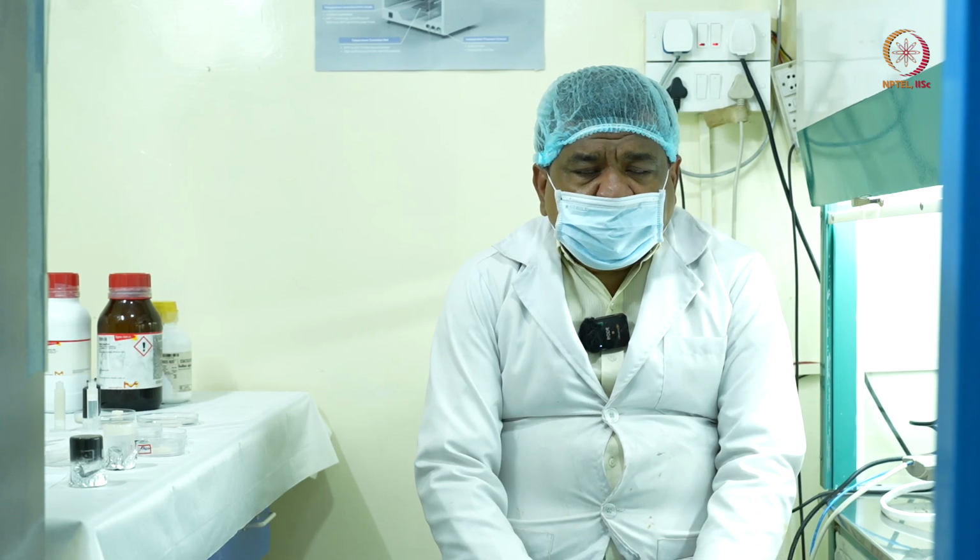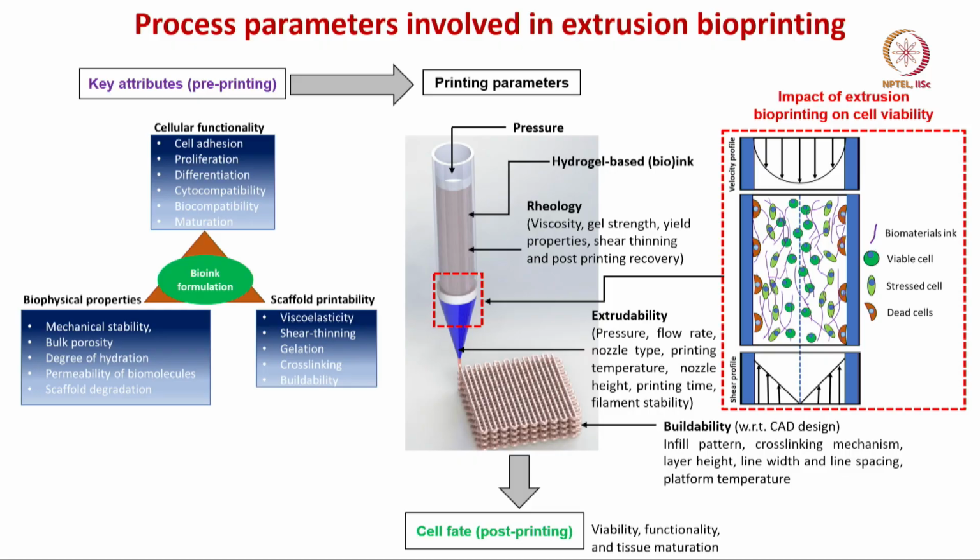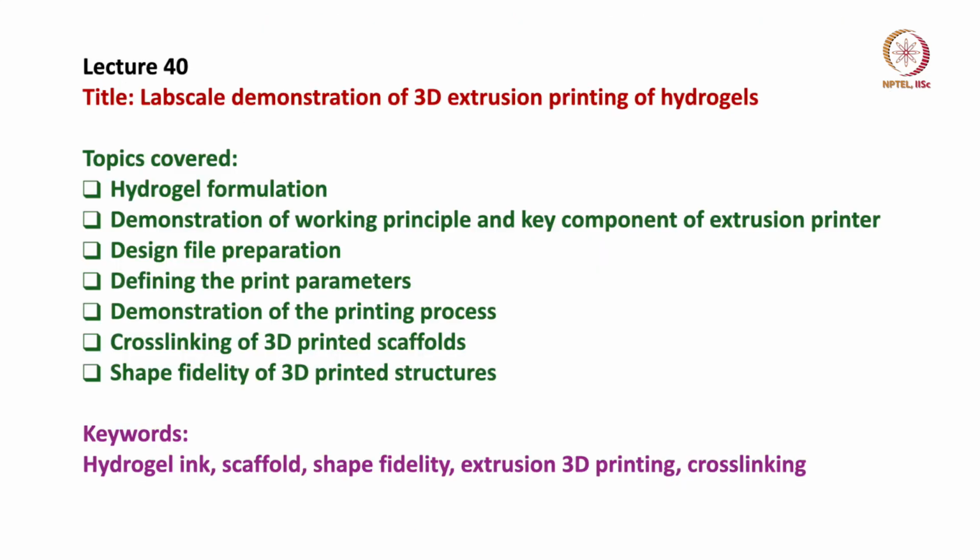So as part of this NPTEL course, I have already explained to you in sufficient detail the 3D printing of hydrogel scaffolds, and in today's lecture I'm going to demonstrate the 3D printing process of soft hydrogel.